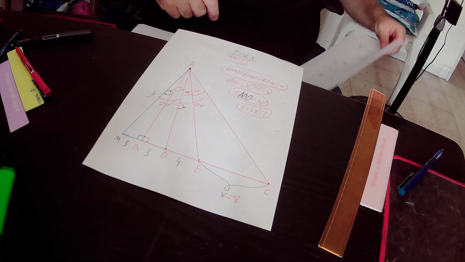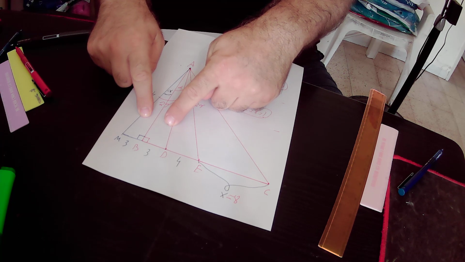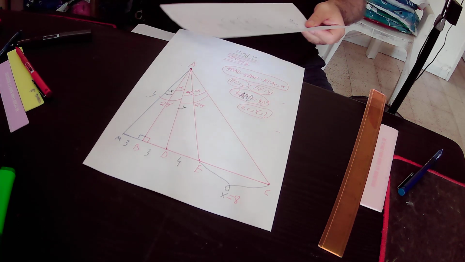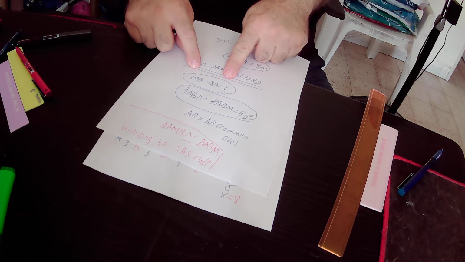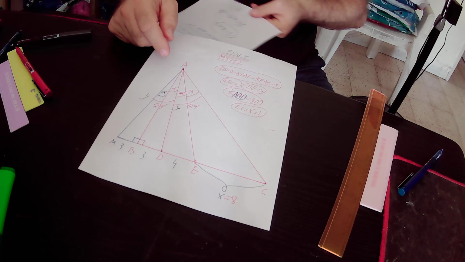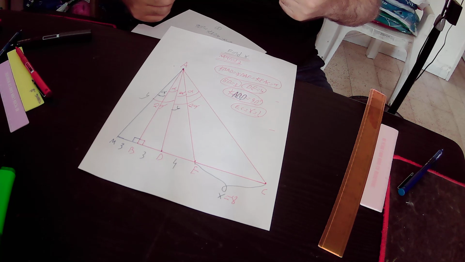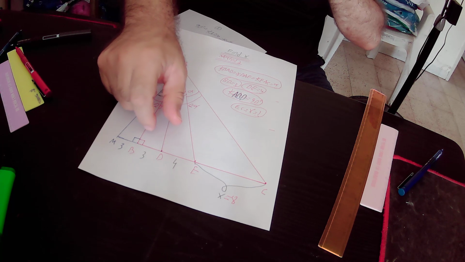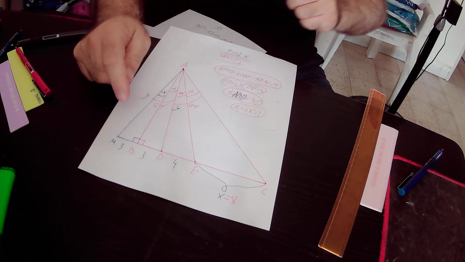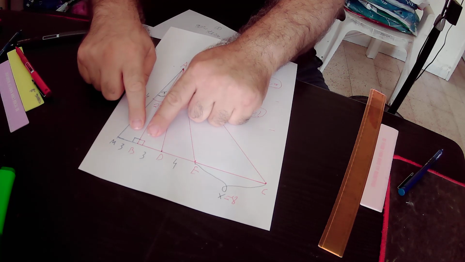Then we proved that those two right triangles are congruent, because we have MB equals BD equals 3 units. Those two sides are equal to each other according to our construction. We also know that those two angles are equal to each other, they are right angles.